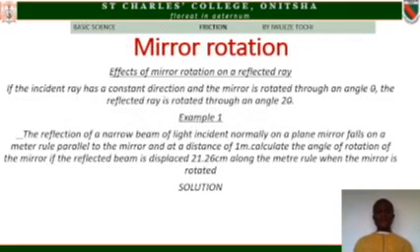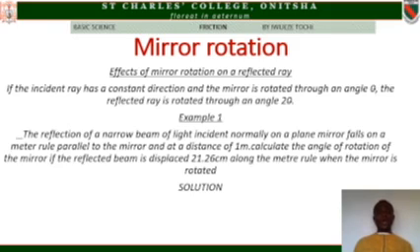Effect of mirror reflection on a reflected ray. If the incident ray has a constant direction and the mirror is rotated through an angle theta, the reflected ray is rotated through an angle 2 theta. Now let us look at example number 1.